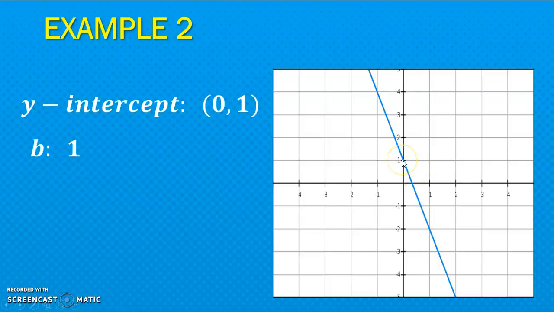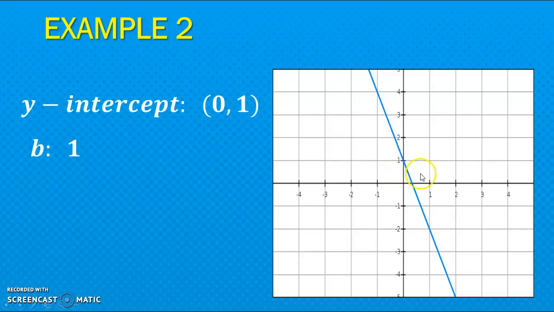Let's start at 1 and find a point that crosses exactly at one of the grid lines. If I follow this line down, it looks like right there it crosses at a grid line, and that looks like the point (1, -2). Let's count to see how we get down to that point.